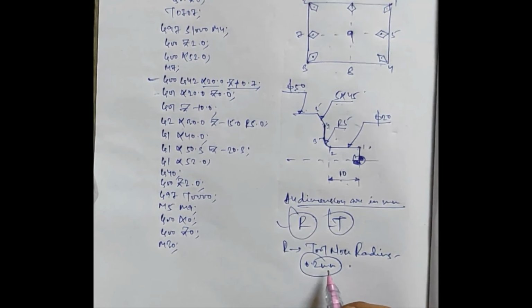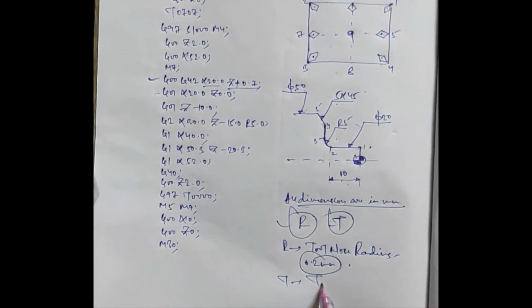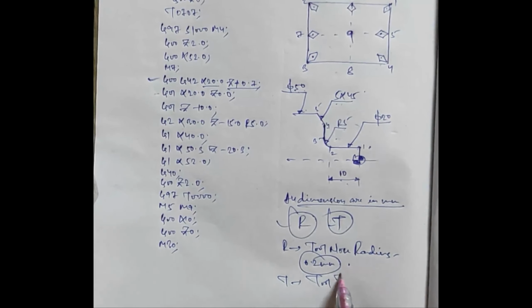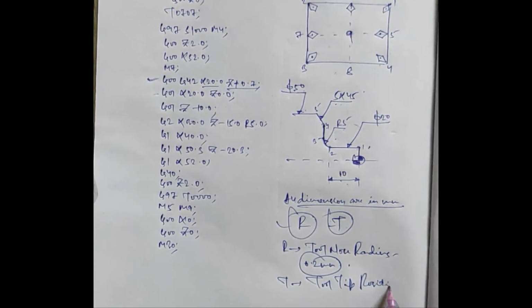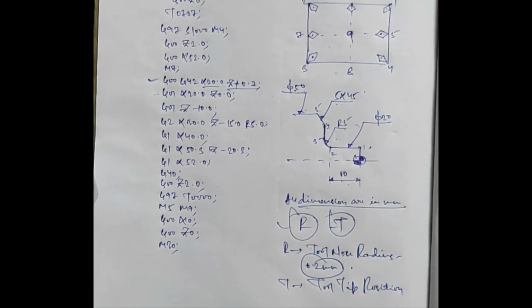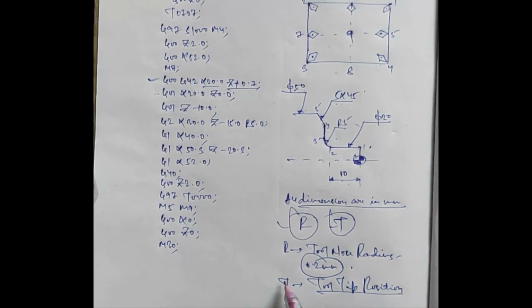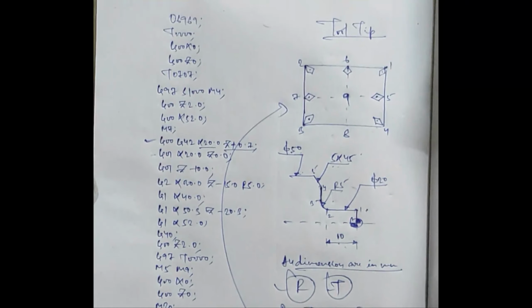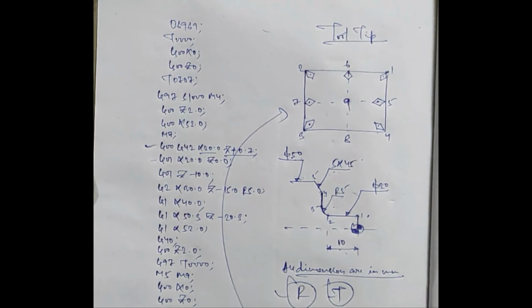Tool nose radius. And T is the tool tip position. Clear. By writing this line, you have to focus on this diagram. So what is the tool tip position?